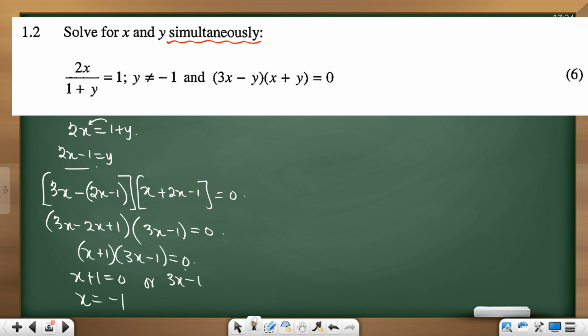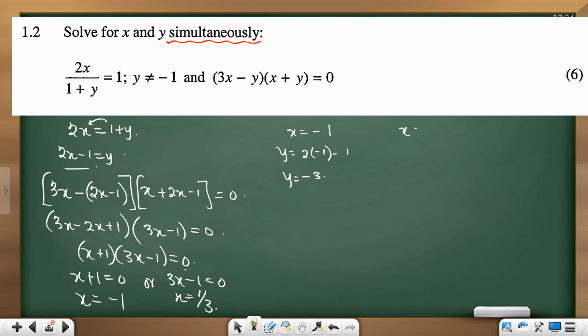Or x equals 1 over 3. What do we do? We throw it back into that equation. All right, so when x equals negative 1, y equals 2 into negative 1 minus 1. What will this give us? Negative 3, right?